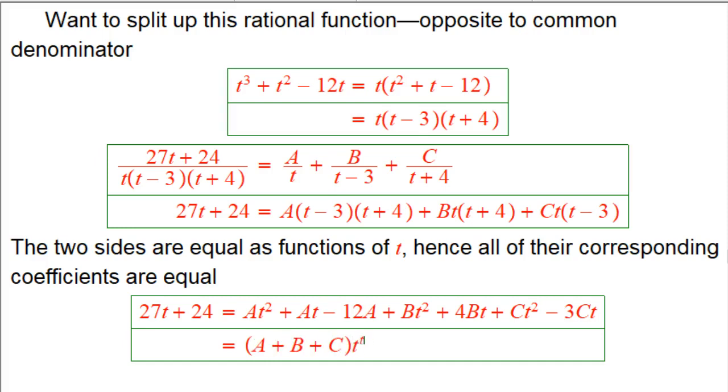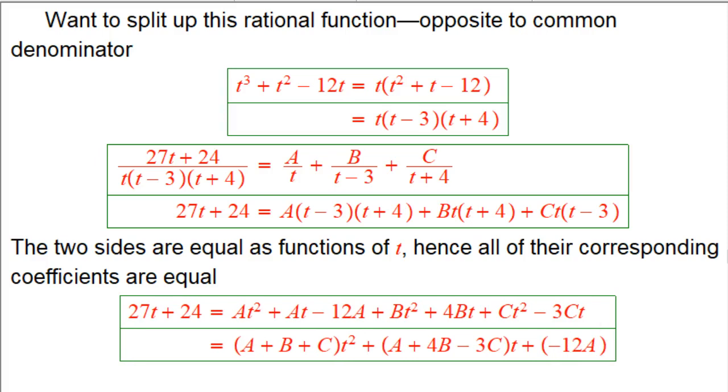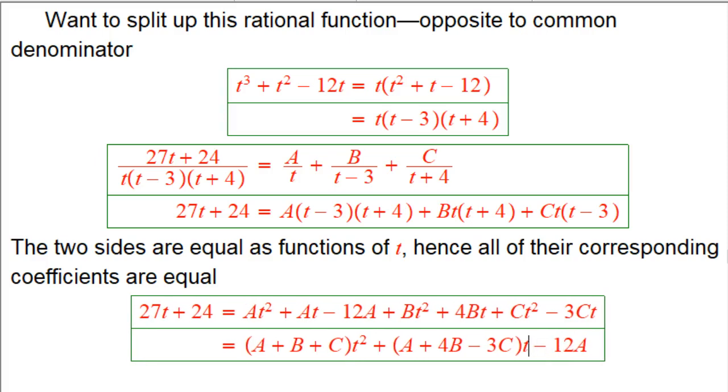That's nice and simple. T squared. Oops, not to the t. Plus, okay, what about the t coefficients? We've got an a plus 4b minus 3c, all times t. And then plus minus 12a, and that's it.